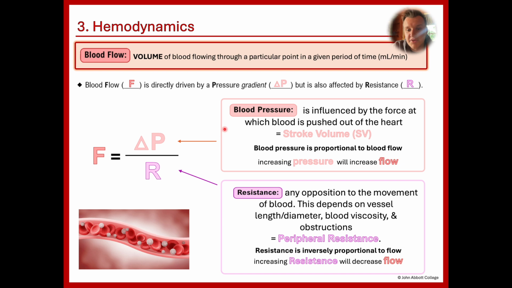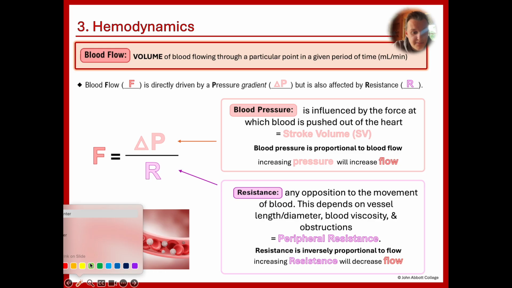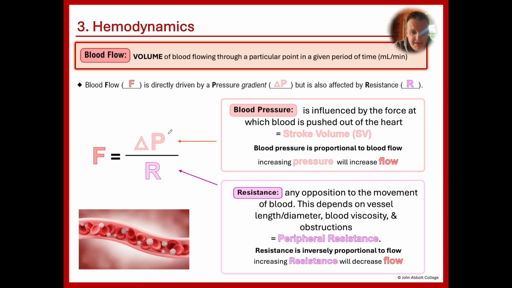So that's blood pressure. Resistance, on the other hand, is any opposition to the movement of blood. So actually, I'm going to draw it here. The pressure, delta P, is generated here. Here's the heart that squeezed and generated a pressure in this direction, right?